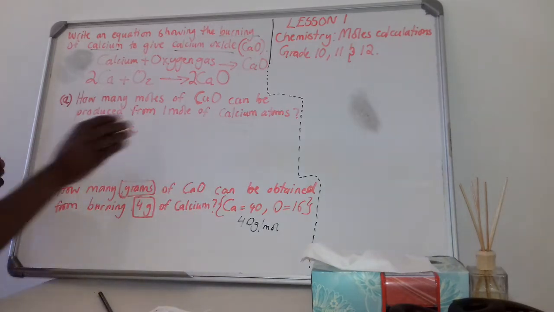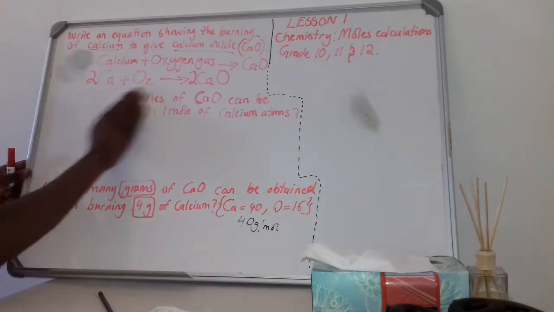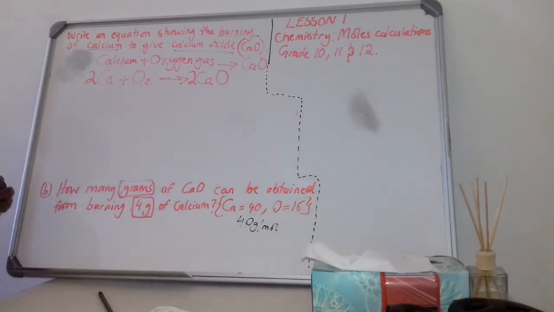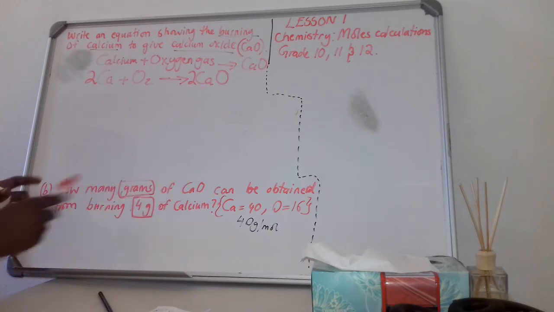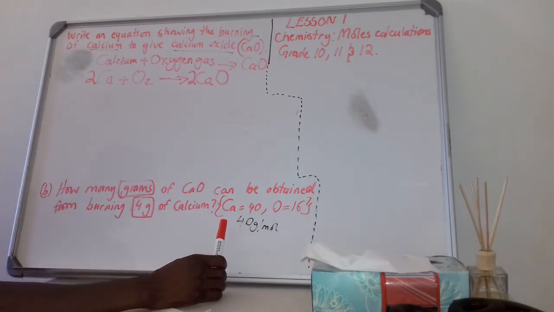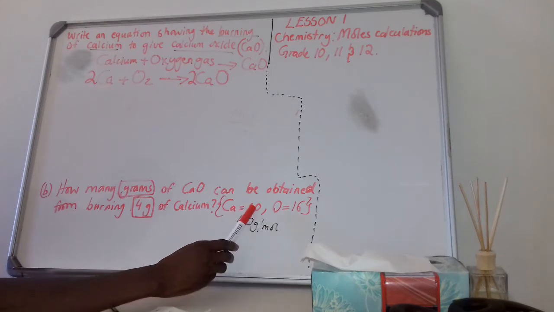So if you can allow me to wipe this off so I have enough space. First things first, I must convert these grams to moles. We know that the relative atomic mass of calcium is 40 grams per mole.